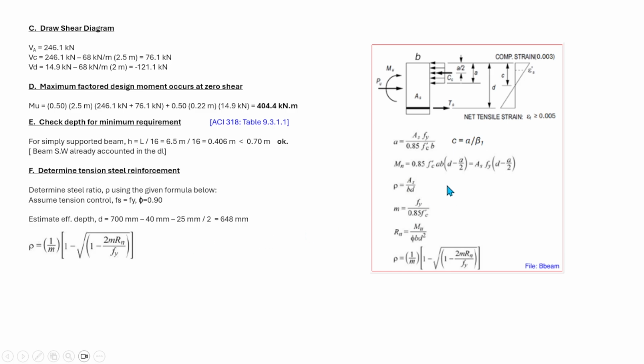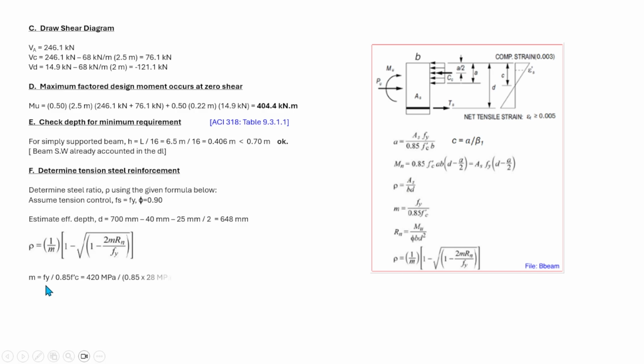Now we have here the general equation of the moment, and if we substitute ρ in this equation, we will come up with a quadratic equation. So for ρ, we have this formula. In order to determine the steel ratio, we need to determine first the values of m and Rn. These are the two parameters of this equation.